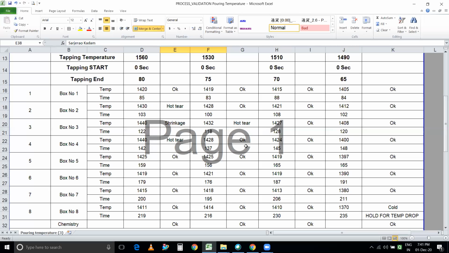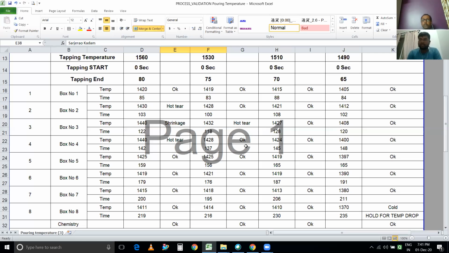Likewise, after the validation of, typically, pouring temperature, one can find that I can add one extra mold. Another person can say that I can change the traveling time of a ladle, or ladle speed, so that my pouring gets done in less time.